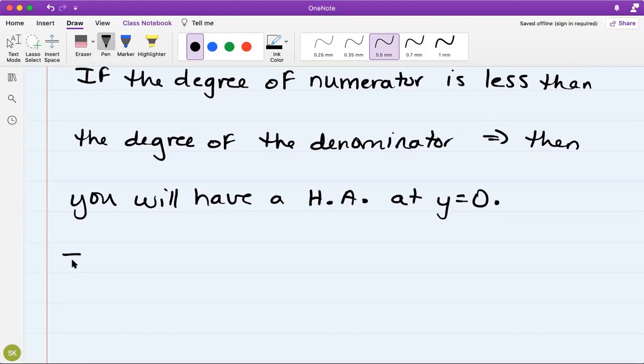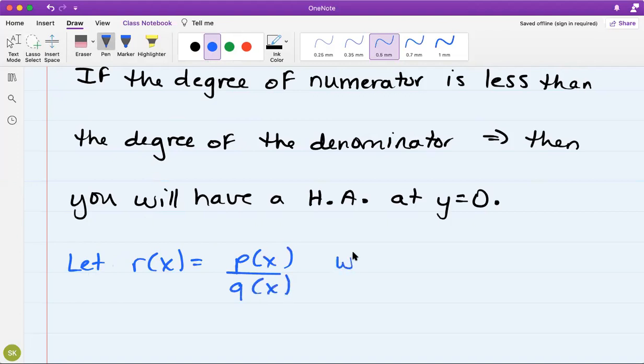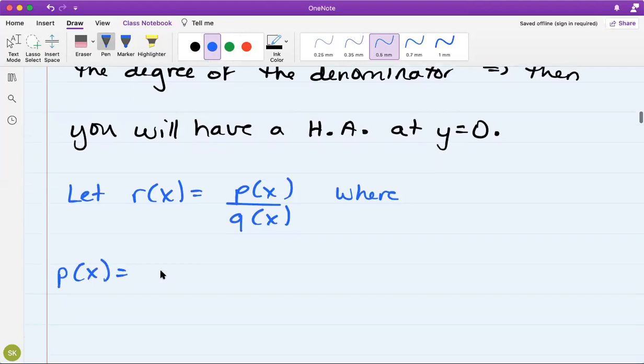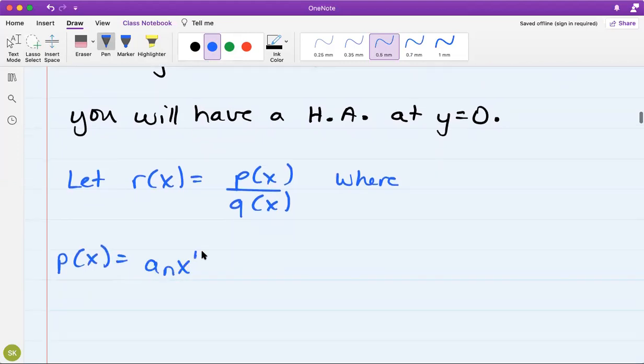Now, let's say, what's going to happen if the degree of the numerator is equal to the degree of the denominator? You will have a horizontal asymptote as well. So I'm going to write here, let r of x equal p of x over q of x, where, because these are polynomials, p of x, let's say this is a sub n x to the n plus a sub n minus 1 x to the n minus 1, and so on.